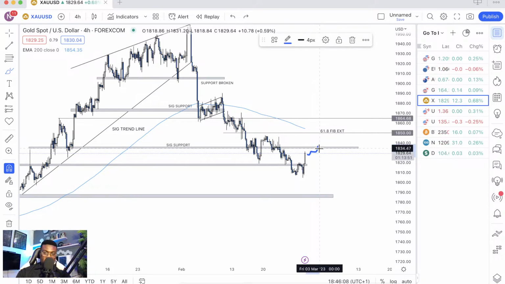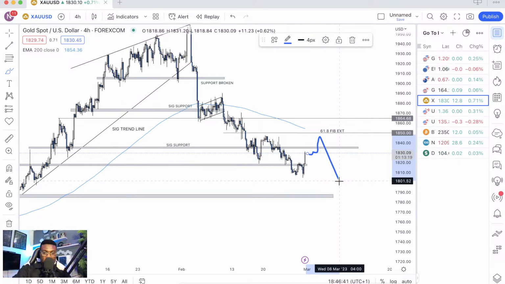We could start to see rejections from this 1835 level, and then the market still pulls to the downside again, and this is going to serve as a lower high for gold. Or the market still goes up a bit, gets here, breaks above it, and then goes back down from the 1845 to 1850 levels.